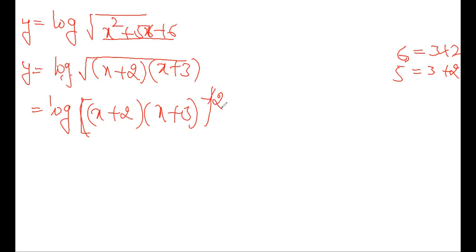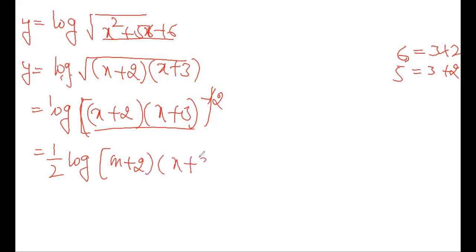Next, see here: log of m to the power of n is n log m. Here n is 1 by 2, and the whole term is m, log of x plus 2 into x plus 3.